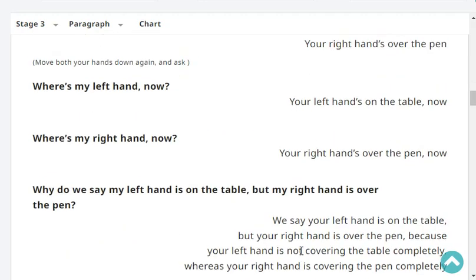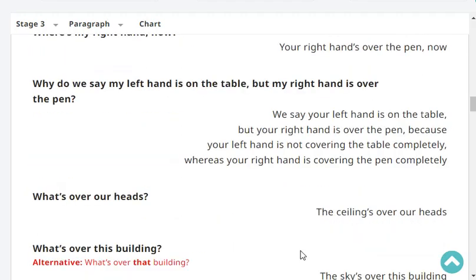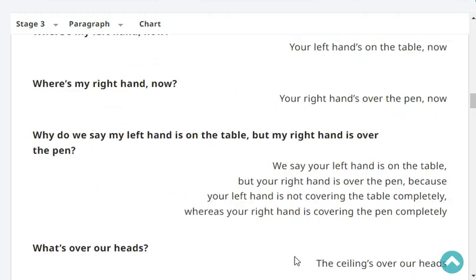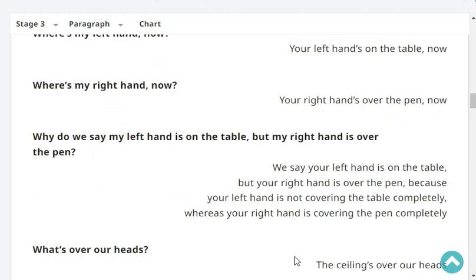Your right hand's over the pen now. Why do we say my left hand is on the table but my right hand is over the pen? We say your left hand is on the table but your right hand is over the pen because your left hand is not covering the table completely, whereas your right hand is covering the pen completely.